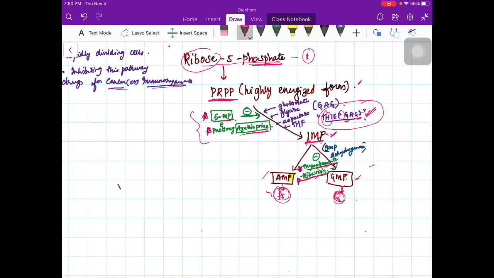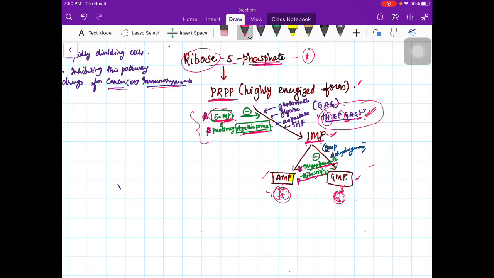In the case of PRPP to IMP, there is a drug called 6MP which inhibits the conversion of PRPP to IMP. You can be asked about 6MP, or you can be asked about a prodrug of 6MP, that's azathioprine. So it's very important for you to know both of the drugs.